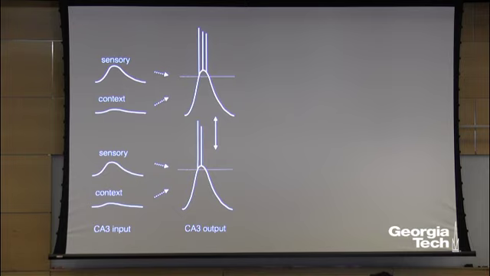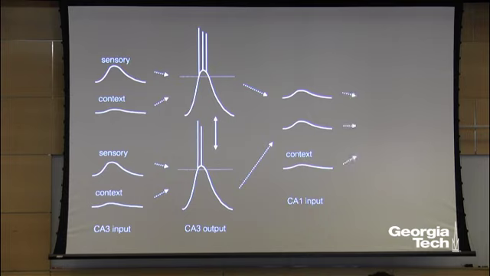Now this population of cells that's firing in CA3 serves as input to CA1. Maybe there's a little bit of contextual input in CA1, but this has to be now enough to gate this firing in CA1. So really what matters in CA1 is what population of cells was activated upstream in CA3.